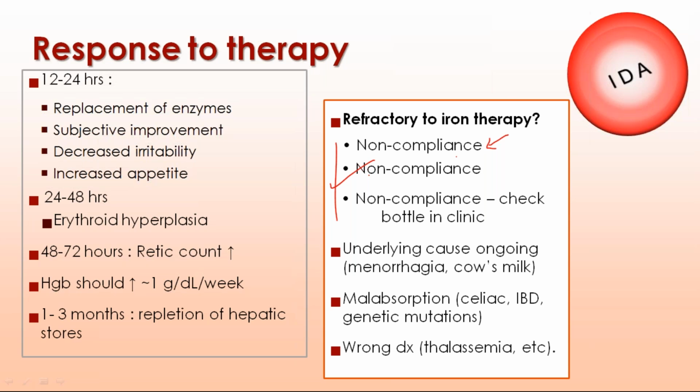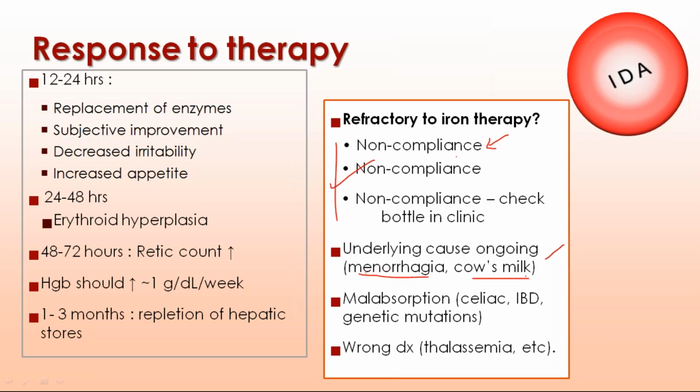Many times parents are so lazy. First of all, before you jump to the next level of management, rule out non-compliance. Then look for underlying causes. If it is an adolescent girl, it is most probably anorexia or something. If the baby is losing blood in spite of your treatment, she is losing it for some other reason, with excessive bleeding, or cow's milk protein allergy.